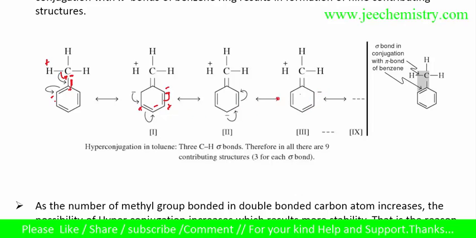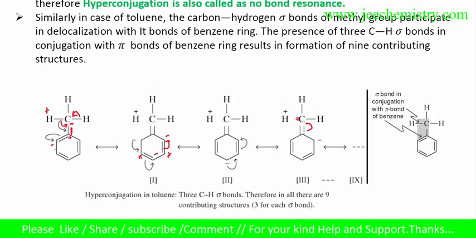Three structures are formed. Now the first hydrogen is involved, now the second hydrogen is involved. Now this becomes a minus. These are three structures. Now this pi bond shifts to these positions, this becomes minus, this becomes plus, and they will form a bond.